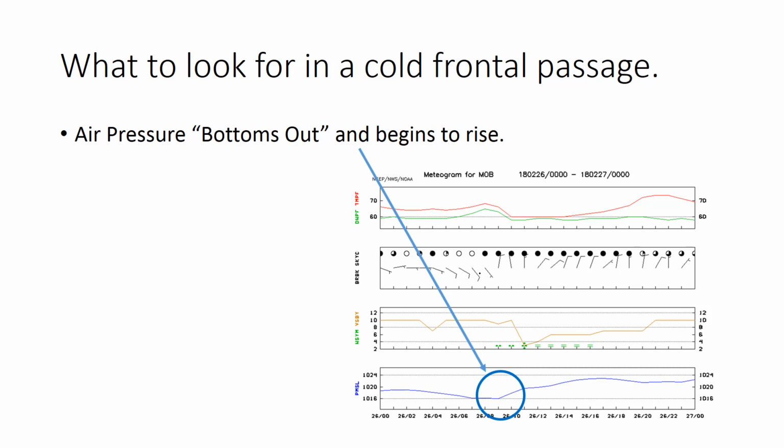And then the final thing that we want to look at, and I mentioned this earlier, is for air pressure to bottom out and then to begin to rise. So again, in this case, if you take a look at the beginning of our period, air pressure was declining.